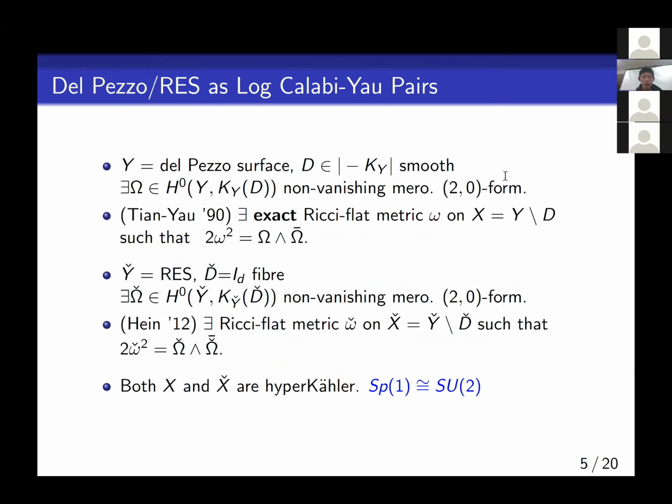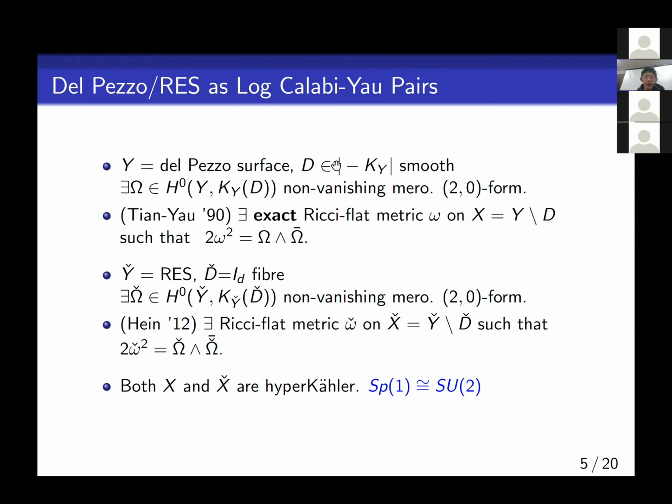So these two things, I can view them as Calabi-Yau in the following sense. For each del Pezzo surface, for the later part of the talk, I'll use the following notation. Y always means a del Pezzo surface, and D always means a smooth anticanonical divisor.